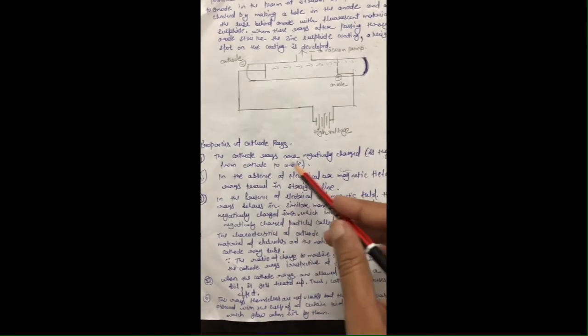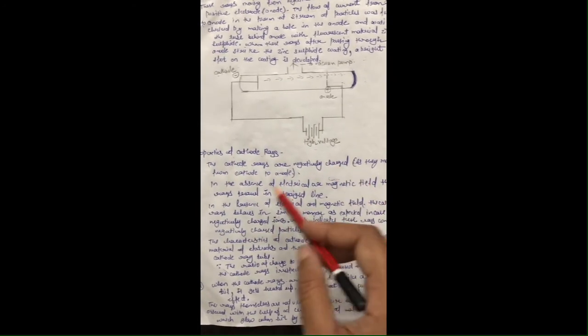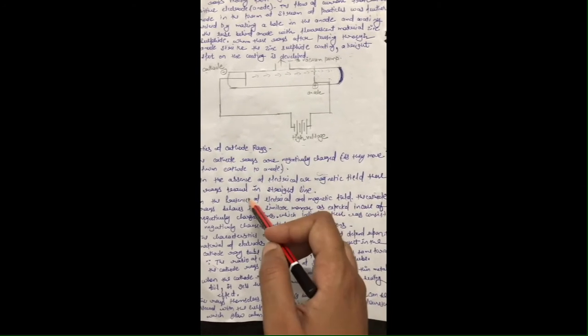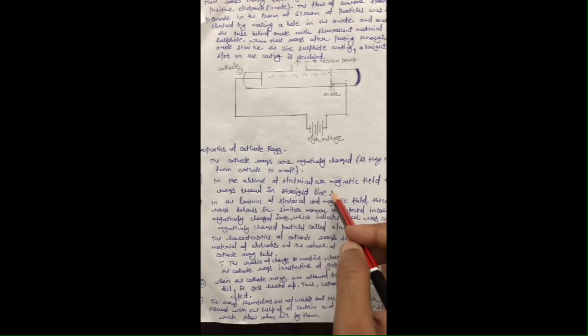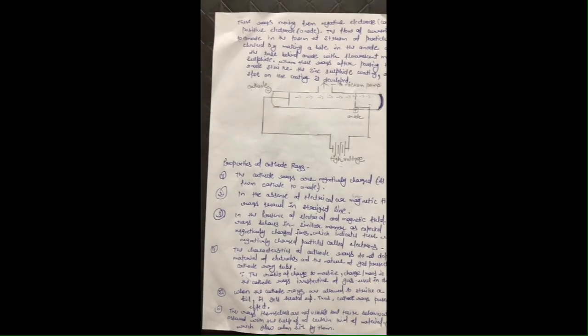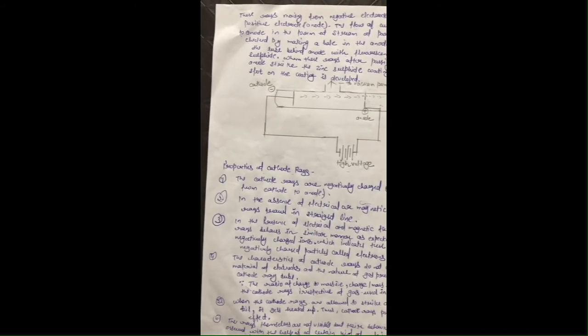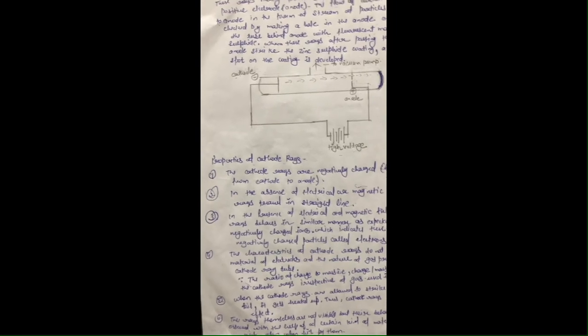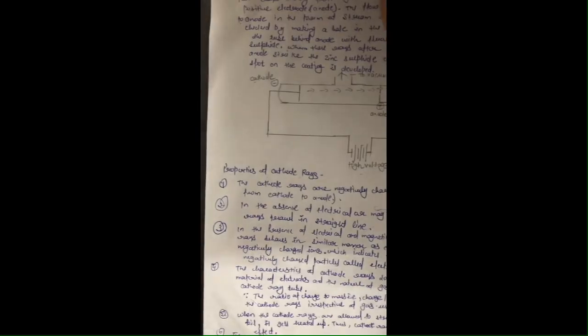Next, properties of cathode rays. The cathode rays are negatively charged rays, and in the absence of an electric or magnetic field, the rays travel in a straight line. The direction of flow of the electrons, or negatively charged particles, in the absence of a magnetic field will be a straight line, as you can see from here.